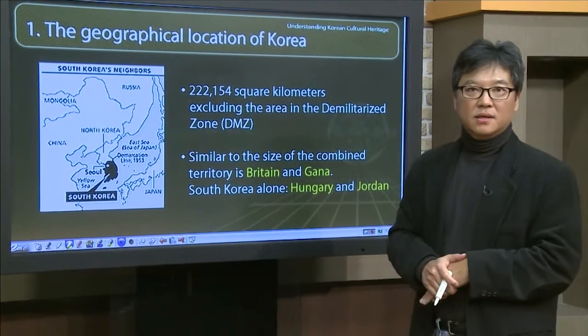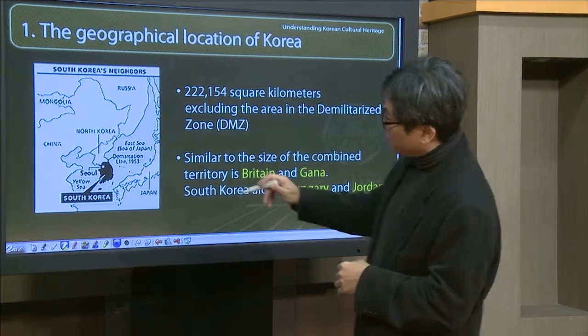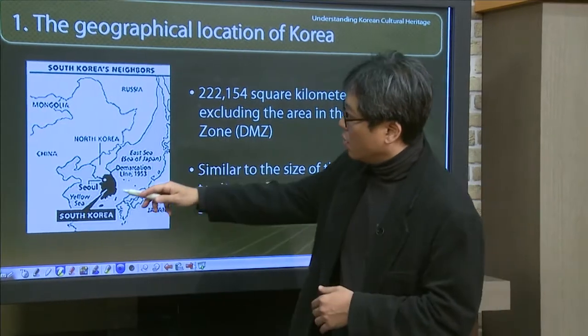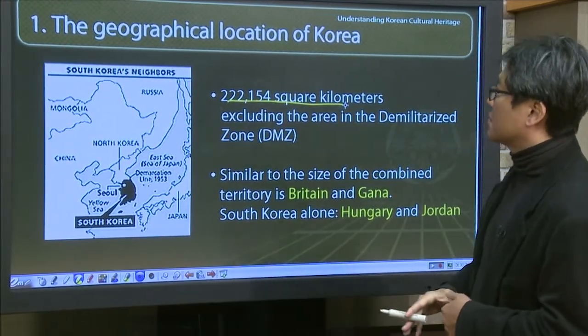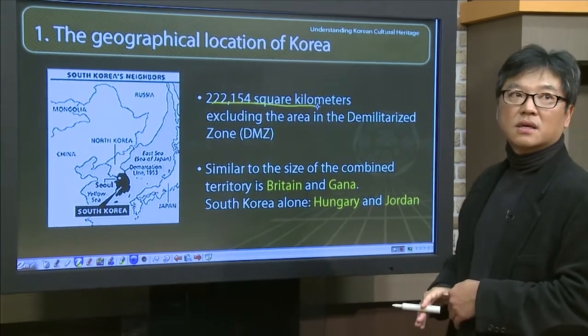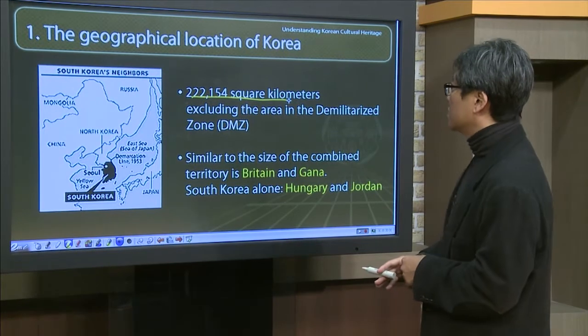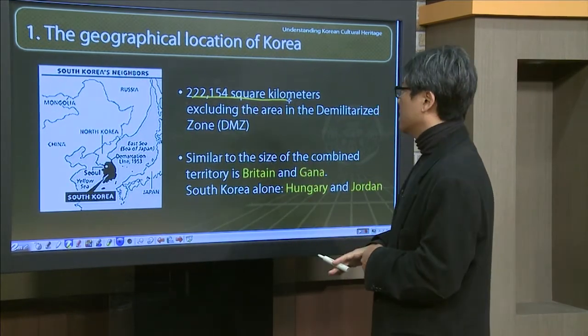So how big is Korea? That's the next question. Basically, Korea is now divided into North and South Korea. But if you take the whole Korean peninsula, this is the size. It's over 220,000 square kilometers, excluding the area called the DMZ.